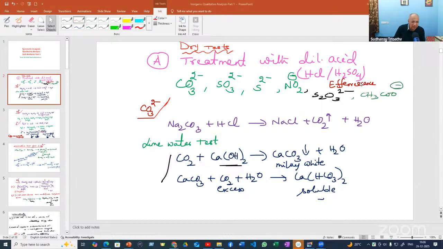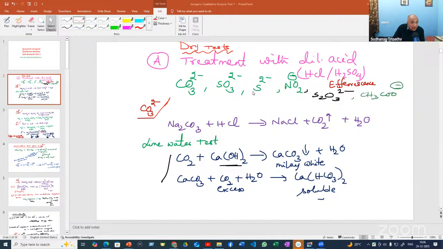Sulfuric acid is very safe because hydrochloric acid contains a very good reductant, chloride ion. So either you can take dilute hydrochloric acid or sulfuric acid, not nitric acid.